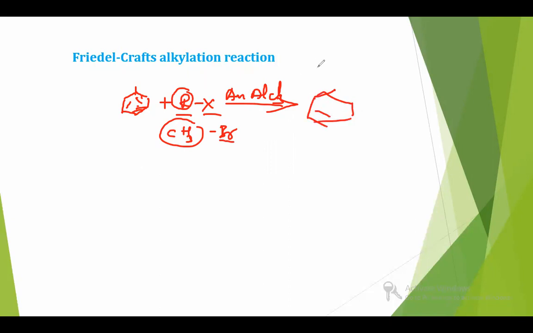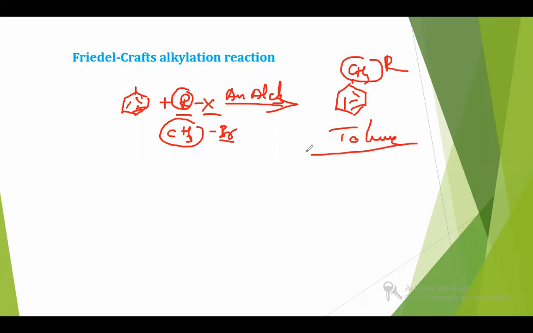So we get C6H5CH3. If you use an alkyl halide, we get alkyl benzene with the R group. If it is C6H5CH3, it is called toluene.